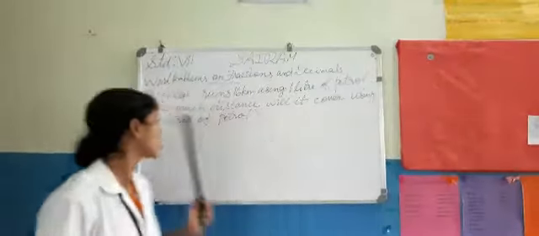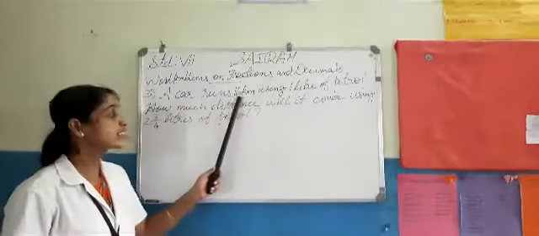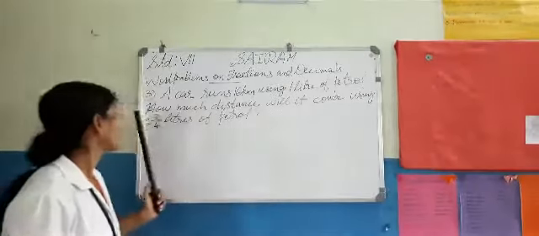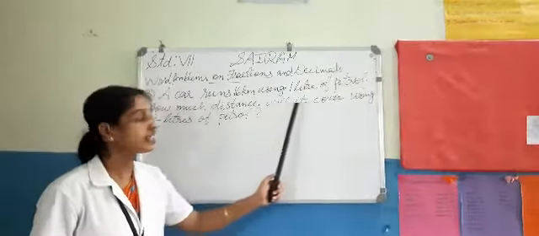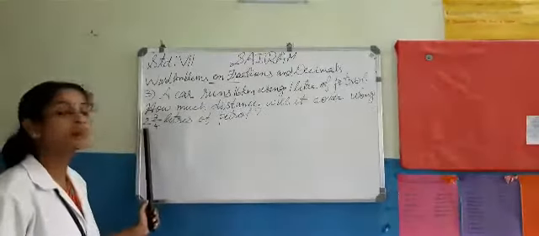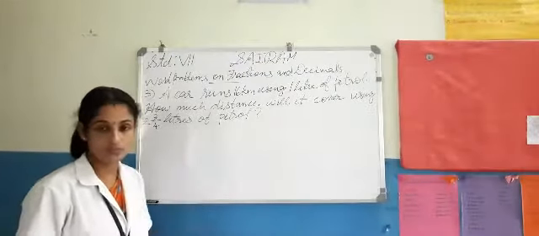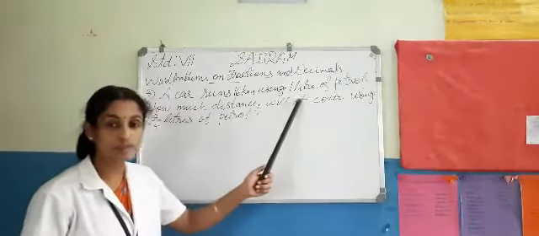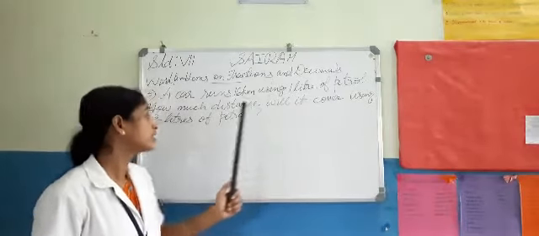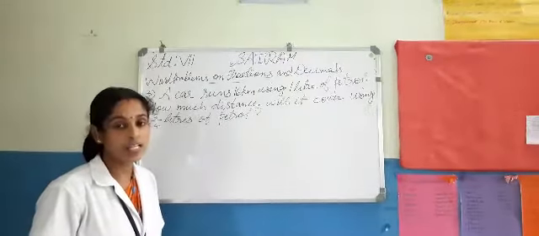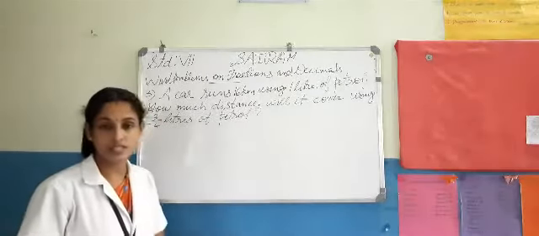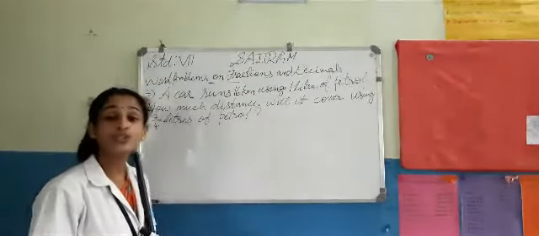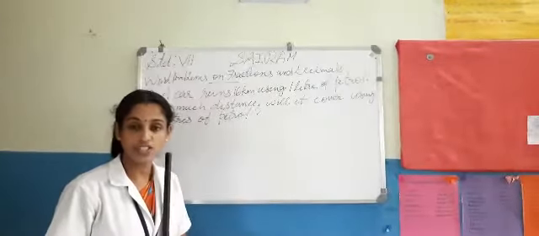Next problem: a car runs 16 km using 1 liter of petrol. How much distance will it cover using 3 by 4 liters of petrol? Here the distance travelled by a car in 1 liter of petrol is given, and we want to find the distance travelled by the car in 3 by 4 liters. From the question we find that we have to do multiplication, isn't it?